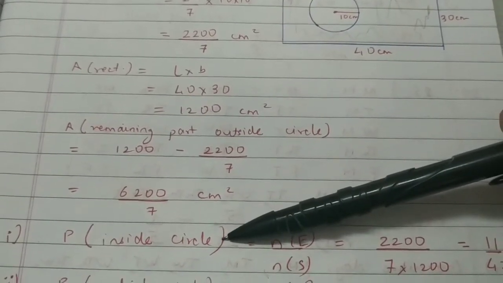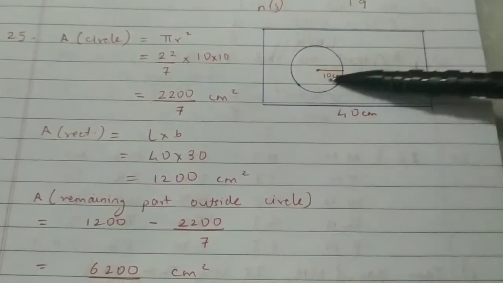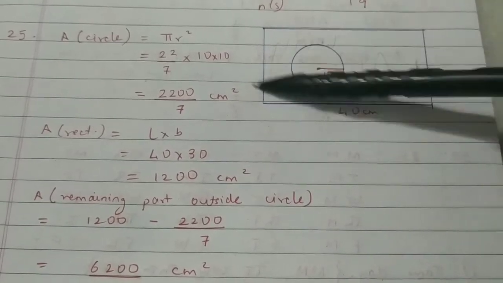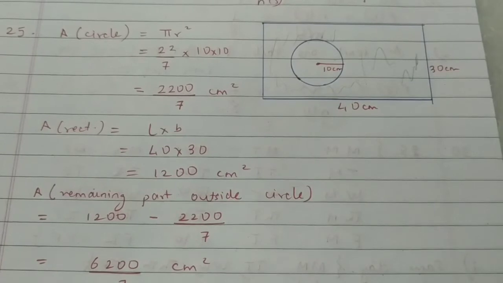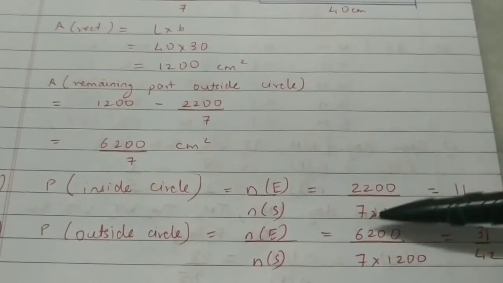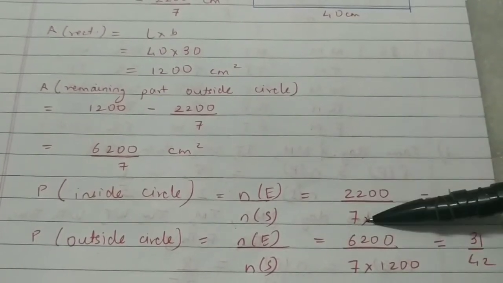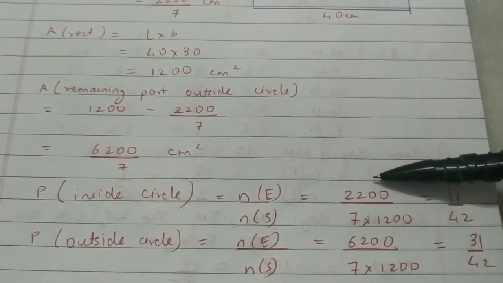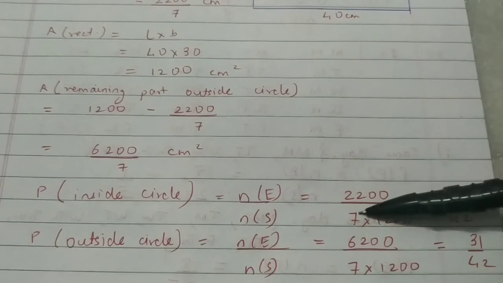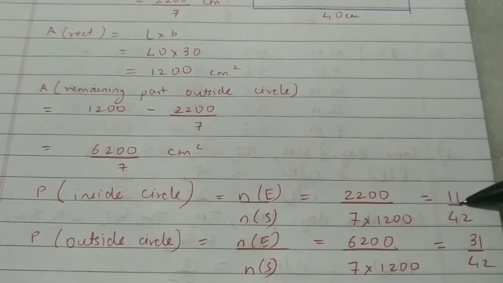Well, it would be nothing but the area of the circle upon the total area, which is the area of the rectangle. So that's 2200 upon 7 upon 1200. So the denominators are together here, and you get the answer as 11 upon 42.